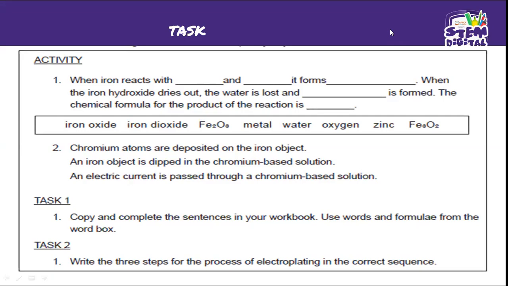In fact, what they are doing, they are indirectly preventing rusting. Because the oil will try to prevent the agents or the factors that influence rusting or corrosion. Okay. So please send in your answers.